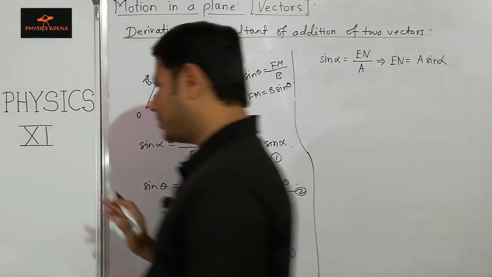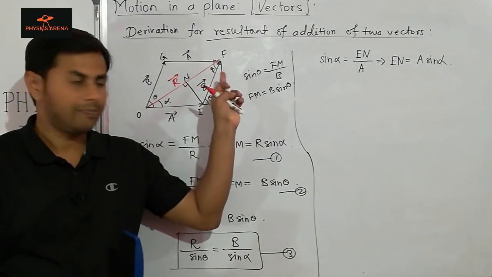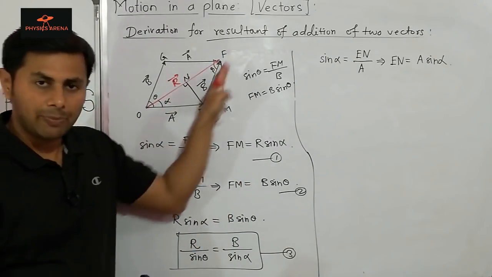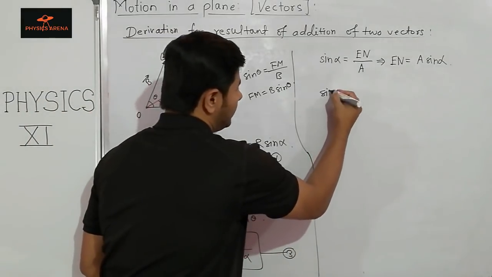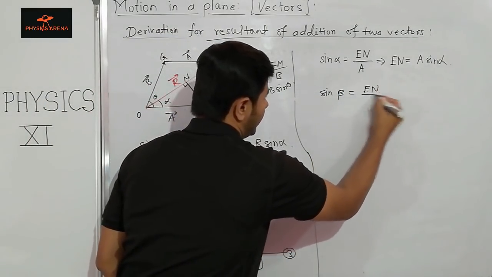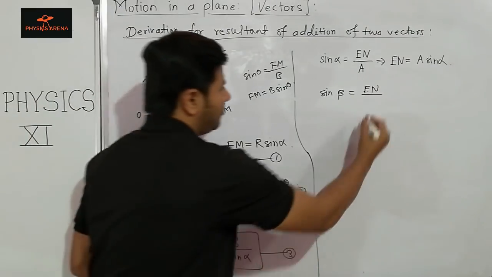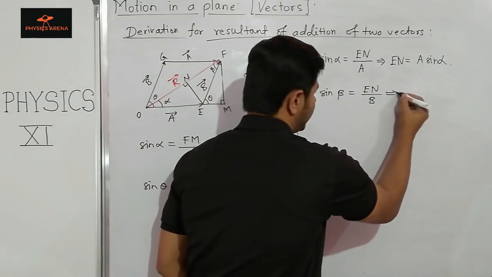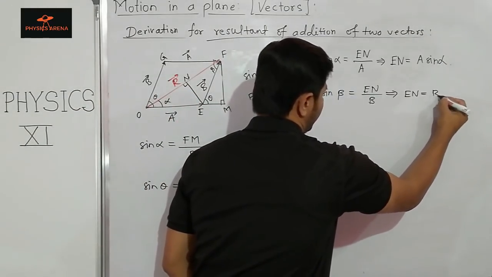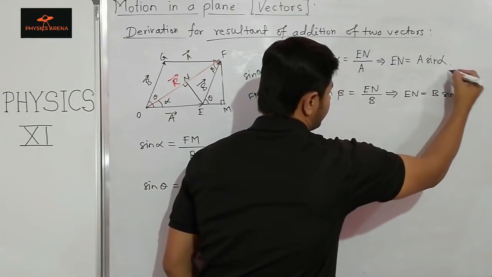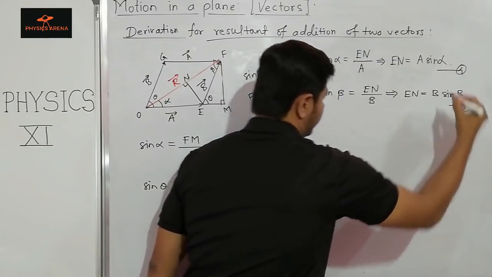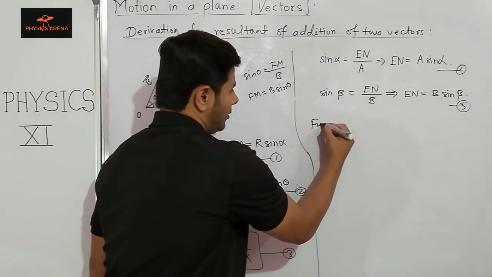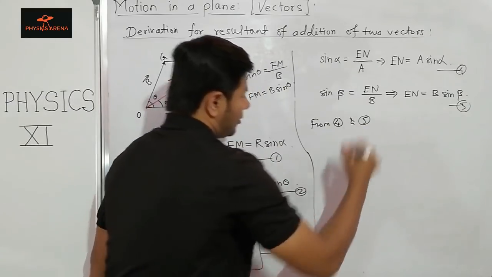Then similarly, we can take sine of this beta here. So sine of beta gives EN divided by the hypotenuse, which is the magnitude of B. Okay, and then I can write this as EN equals B sine beta. So let's call this 4, this 5, and from 4 and 5, what can I write?